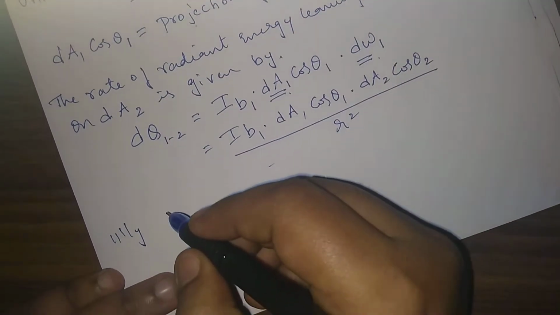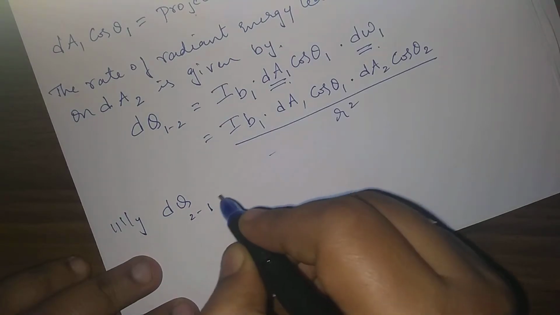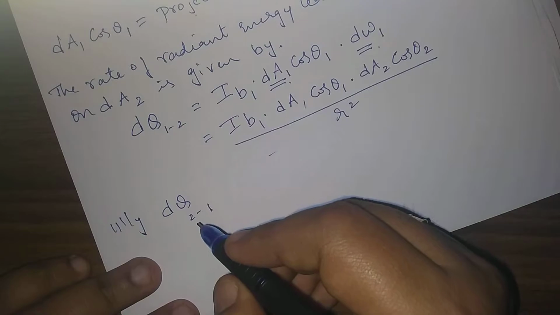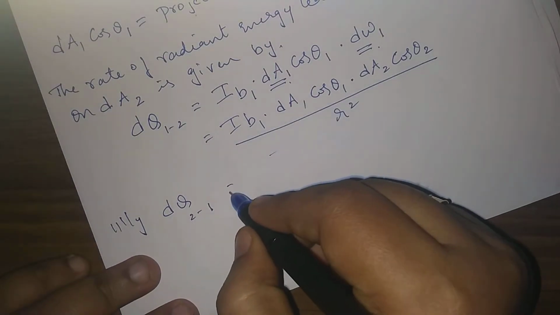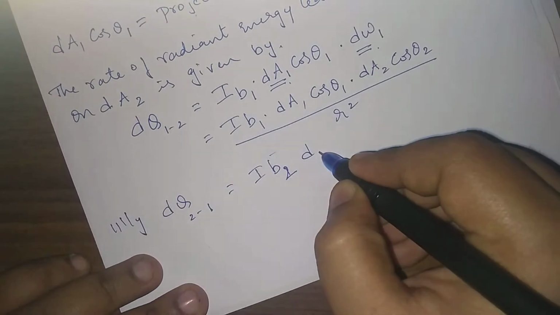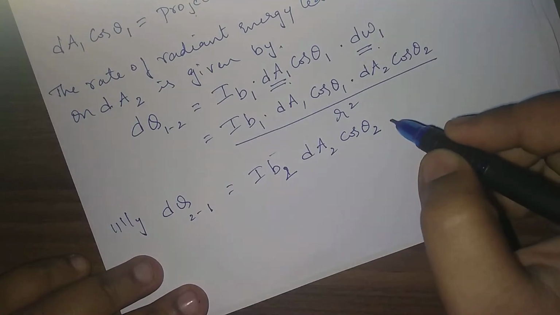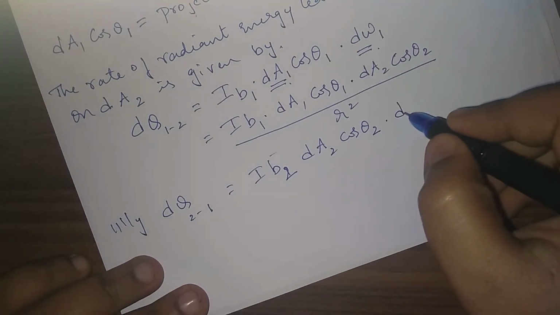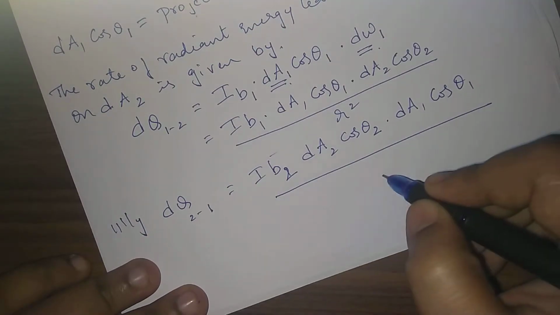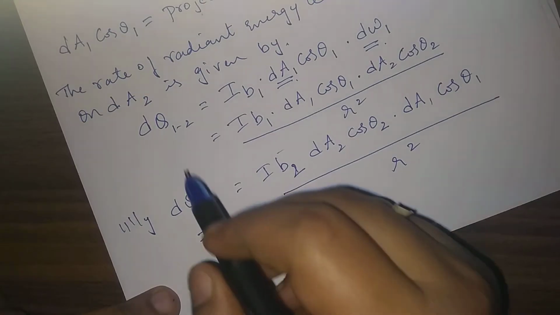I'm not going to show everything again. Similarly, dQ 2 to 1 will be equal to what? Same thing, IB2 times dA2 cos theta 2 times dA1 cos theta 1 divided by r square. Now this is for dQ 1 to 2.